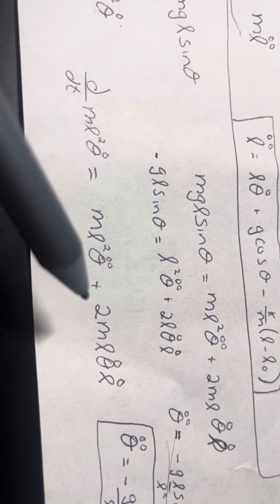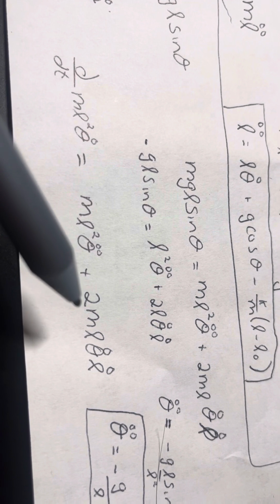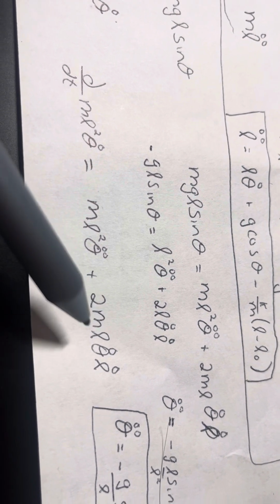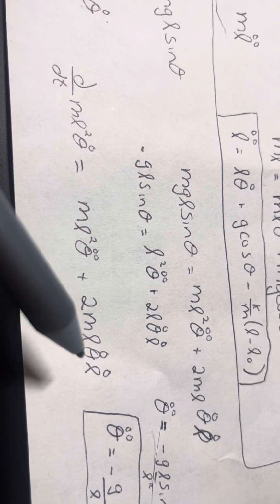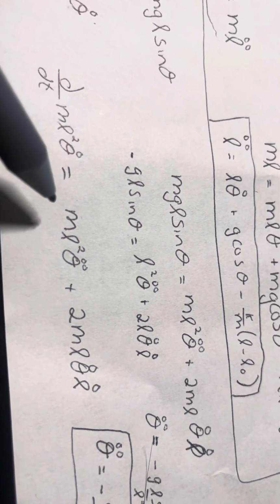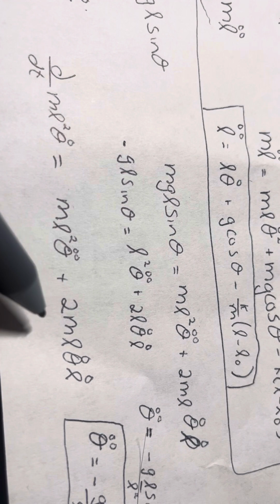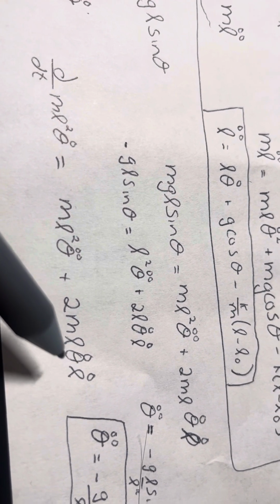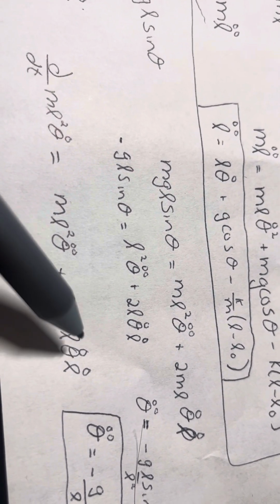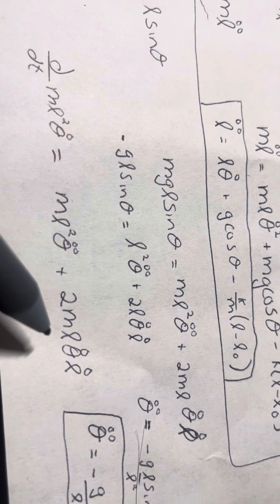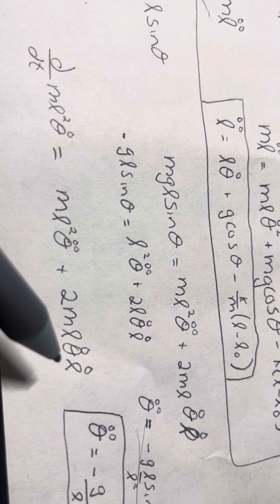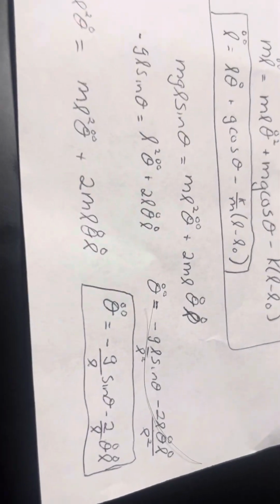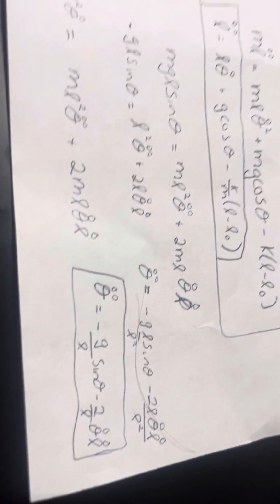And for the second part, you have 2ml theta dot L dot, where you first take the 2 from the L squared, and then you have to take the derivative of L with respect to time, which is L dot. Now you can put this into an equation, which is right here.